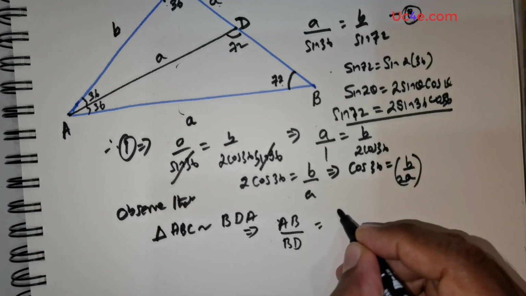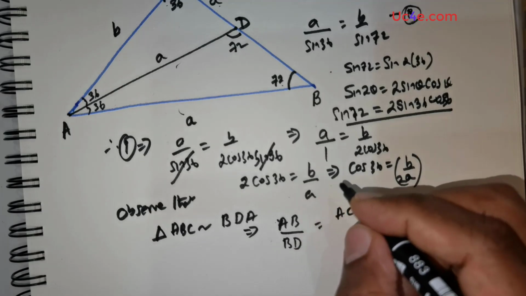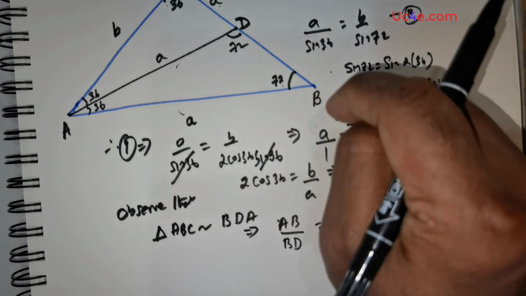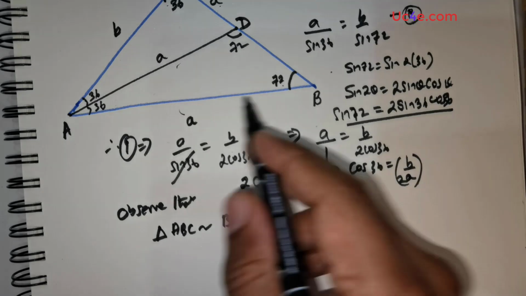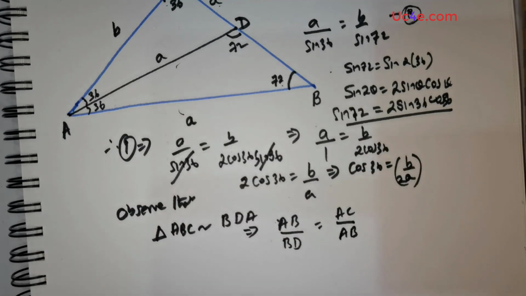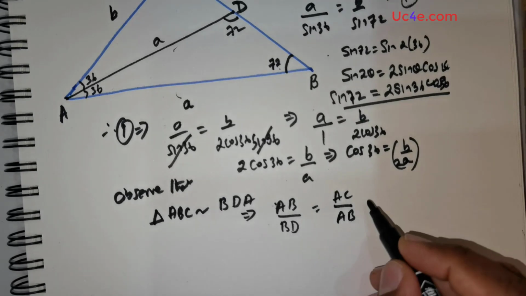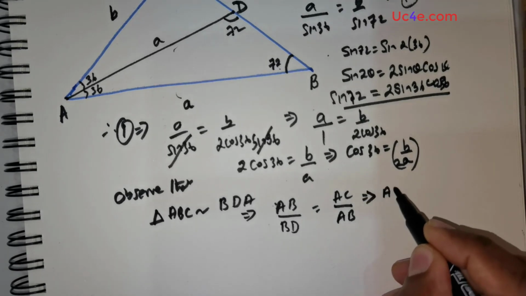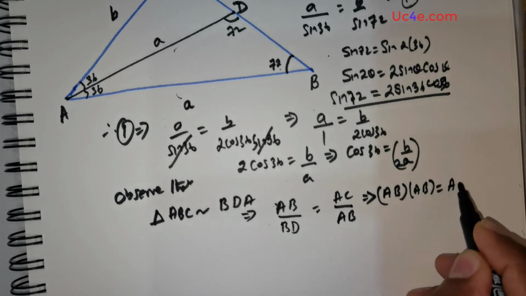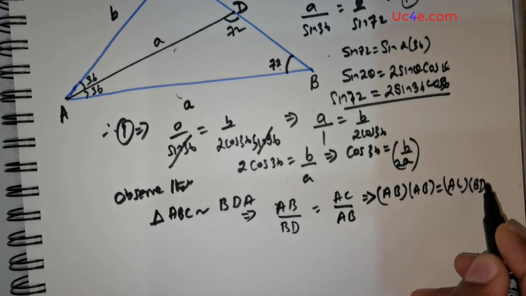So that is equal to AC divided by, we got to take in another leg, so that is going to be AB. So this can be further rewritten as AB multiplied with AB is equal to AC times BD.